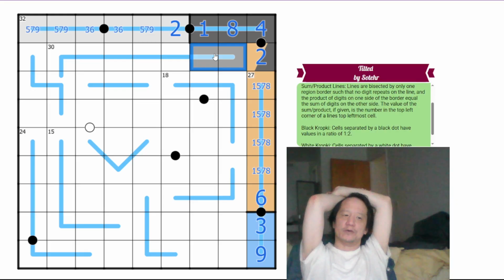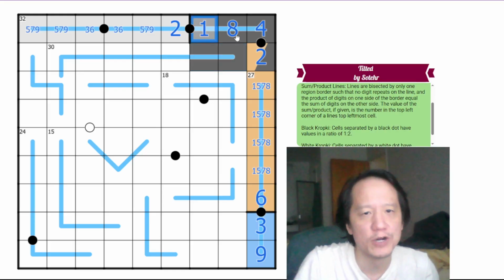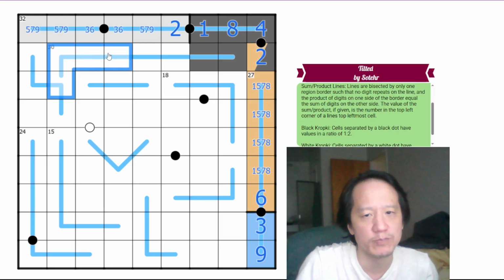It would have to be 3, 5, 7, 6, 3, 5, 6, 7, 9, adding up to 30 without a 1, 8, or 4. But the problem is you require 5, and the 5 has to be in the product side of the sum product line, because there's no other way to get anything that is a multiple of 5 without a 5.